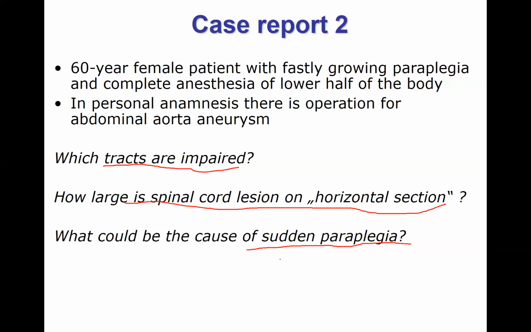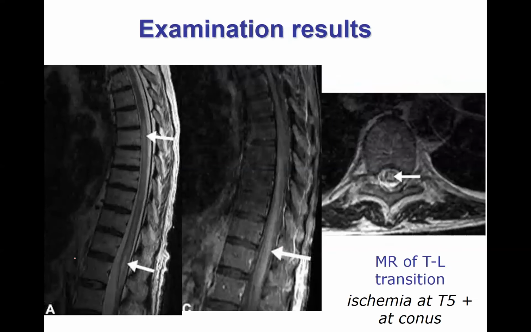So if we look here, how the examination looks like, we have here ischemia, which is visible at the level of the cone. But there was another ischemia at the level of T5. But for all the symptoms, what was important was this ischemia at the level of the conus medullaris. The ischemia are these white areas of the MRI.